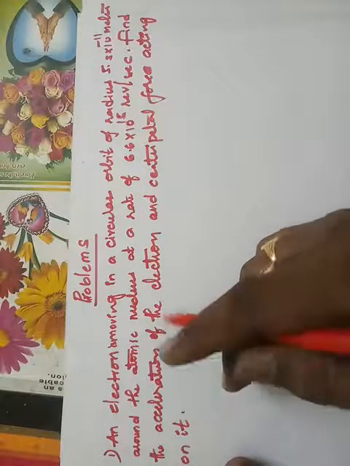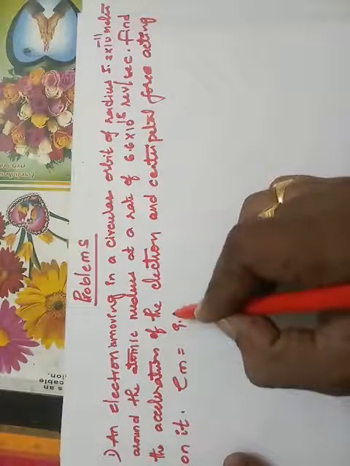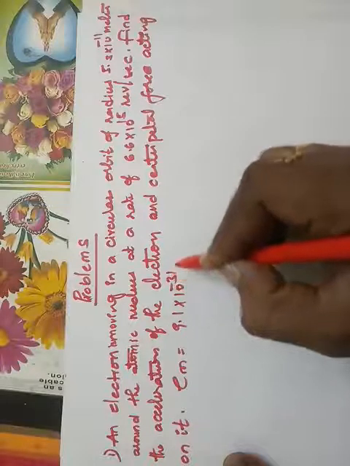The mass of the electron, we know that m is equal to 9.1 into 10 to the power of minus 31 kg.